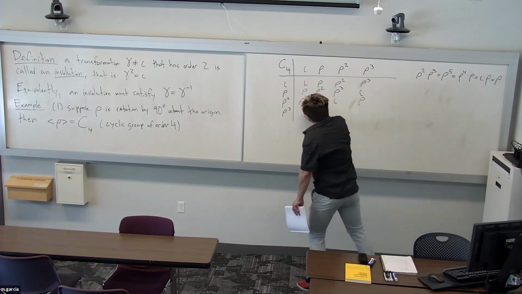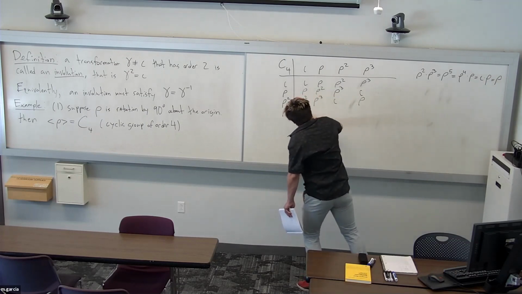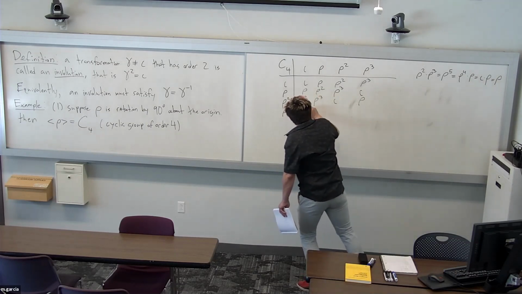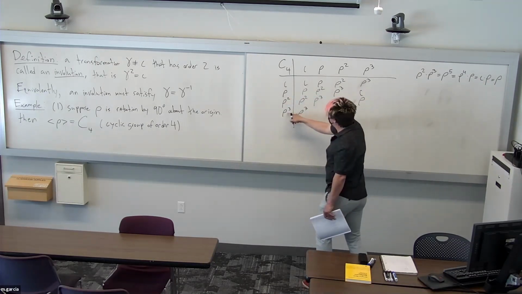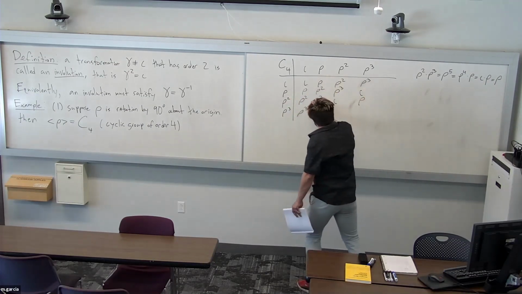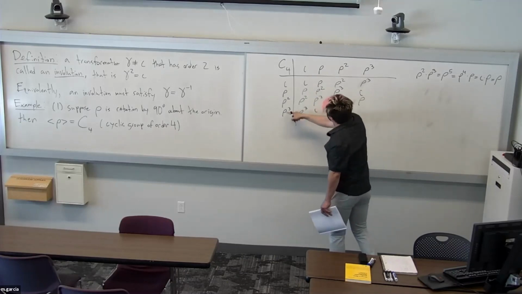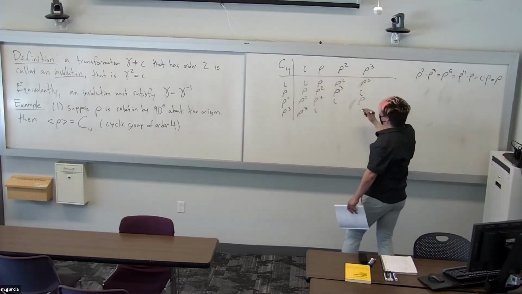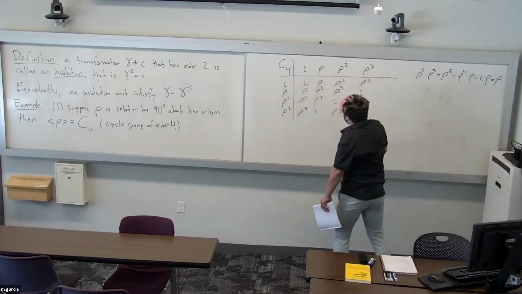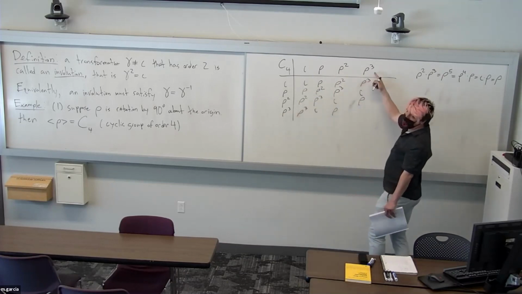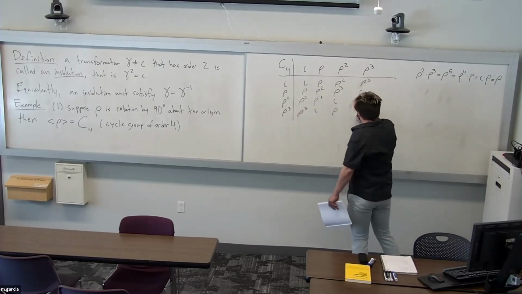Rho cubed times rho is iota. Rho cubed times rho squared is rho to the fifth, which is just rho. And rho cubed times rho cubed is rho squared.